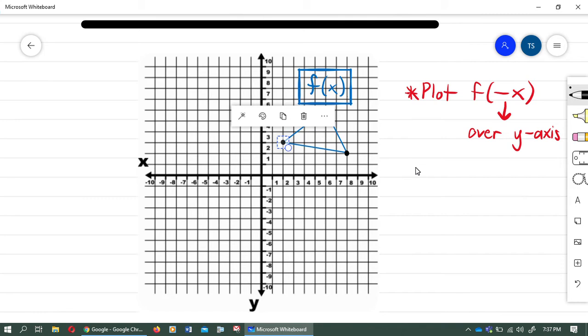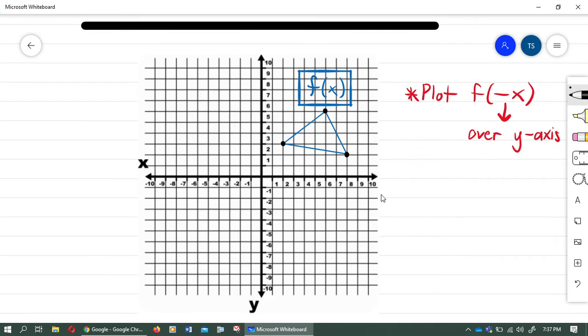I'm going to select that point again so you can see it. How far away from the y-axis is this point right now? Exactly what distance away from the y-axis is that point? And you can count it, right? 1, 2. So that point is definitely 2 units to the right of the y-axis.